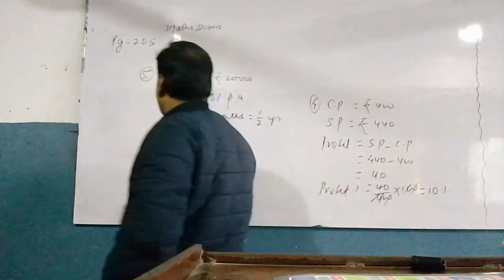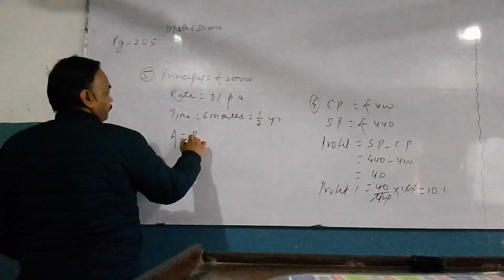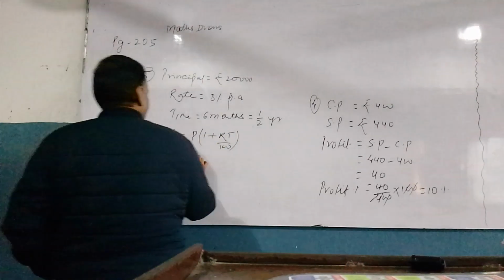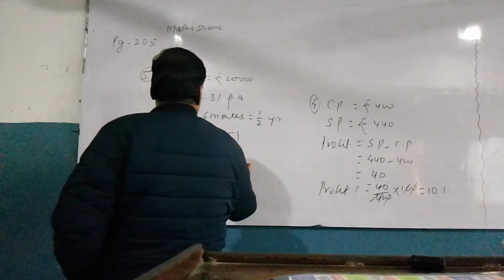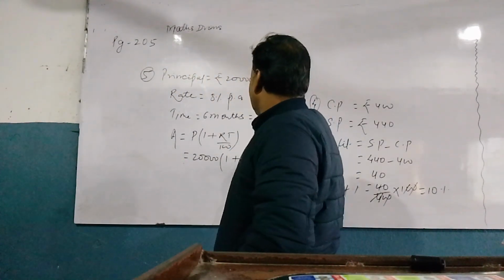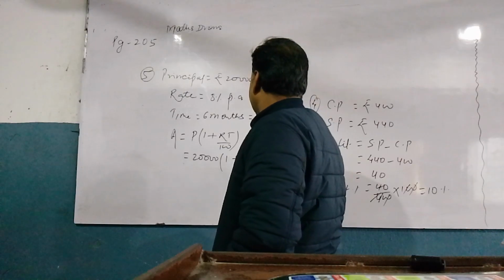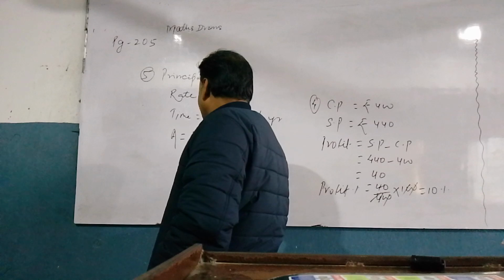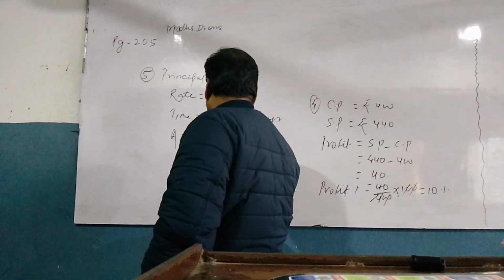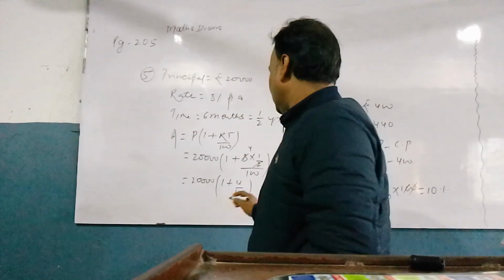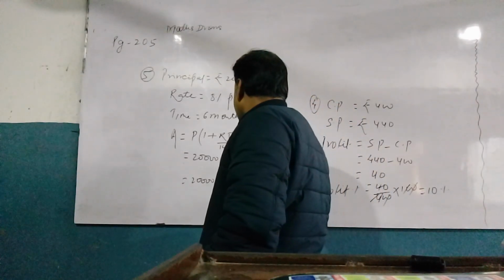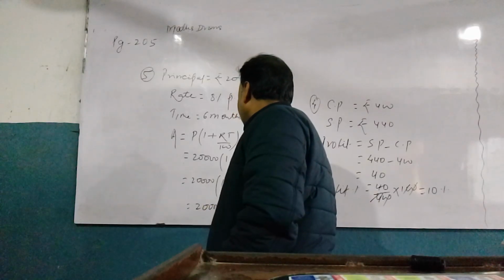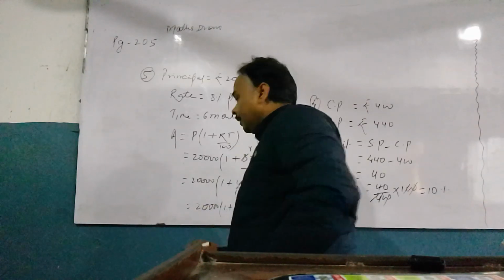We will find the amount. Formula of amount is P into 1 plus RT by 100. Here principal is 20,000, rate is 8%, time 1 by 2 by 100, is equal to 20,000 into 1 plus 4 by 100, 20,000 into 1 plus 1 by 25.